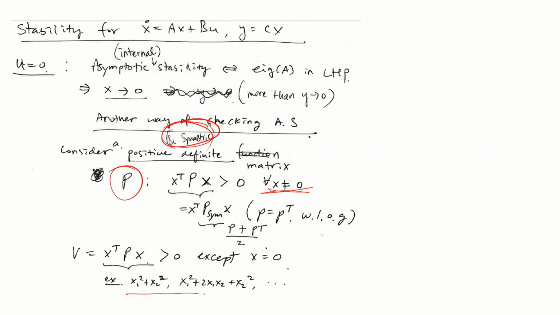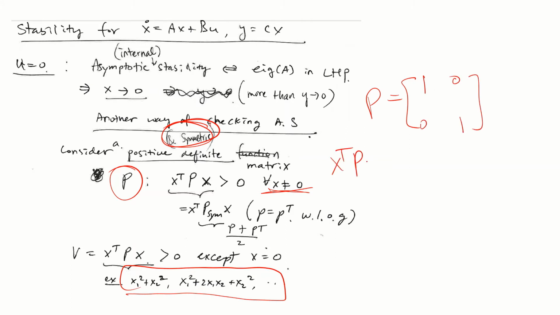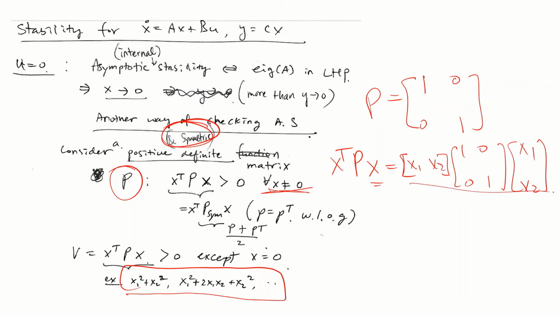So this is an example of a positive definite matrix, when P is the identity, 1, 0, 0, 1. Then x transpose P x, with x being x1, x2, gives x1 squared plus x2 squared after the multiplication.